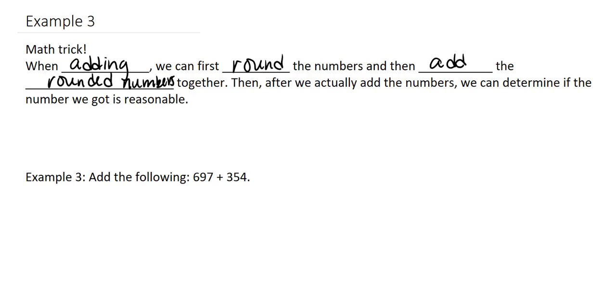Then after we actually add the numbers, we can determine if the number we got is reasonable. So this is to help us estimate to make sure when we actually add the actual numbers that they're pretty close to one another. So let's do an example of this before we apply this to example 3.